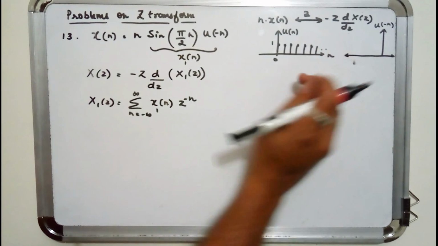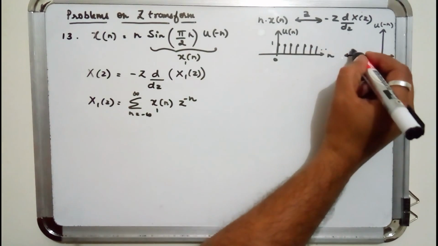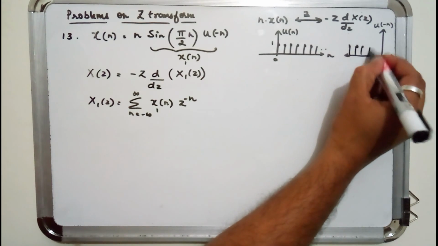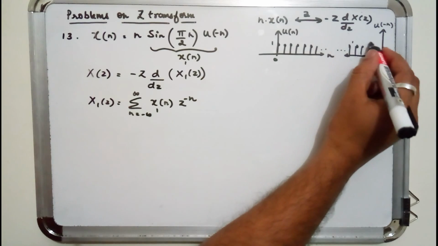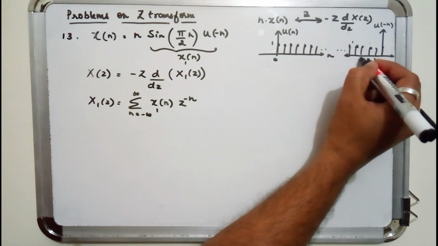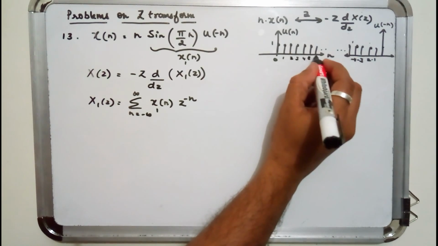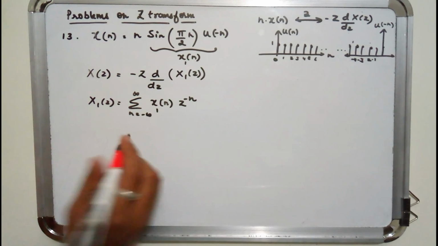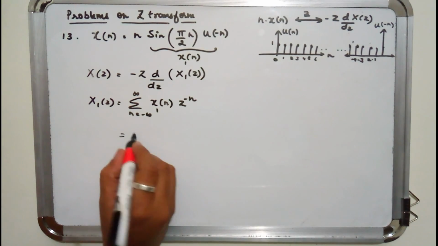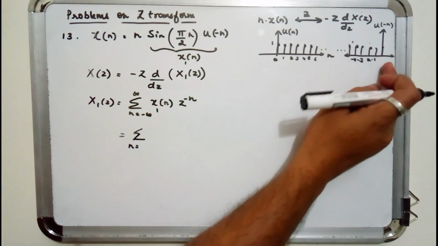So u of n started from 0 and it went till infinity, so u of minus n starts from minus infinity and it reaches 0, with an amplitude of 1 everywhere. So this is 1, 2, minus 1, minus 2, minus 3, minus 4. This is 1, 2, 3, 4, 5, 6 and so on. So the limit here would change from n is equal to minus infinity to 0.